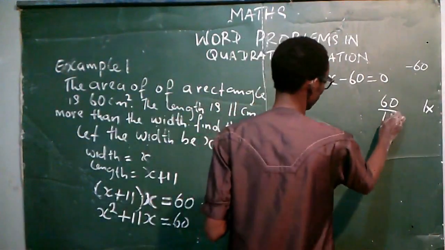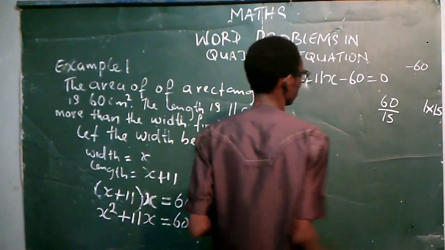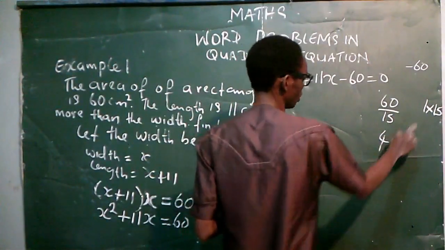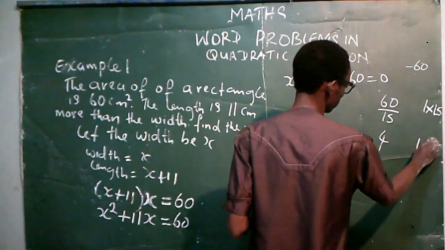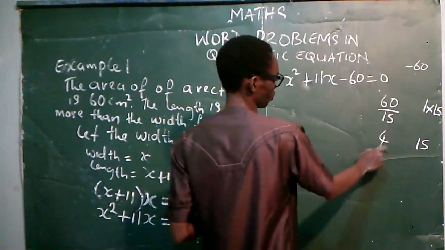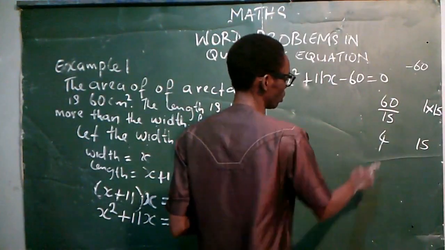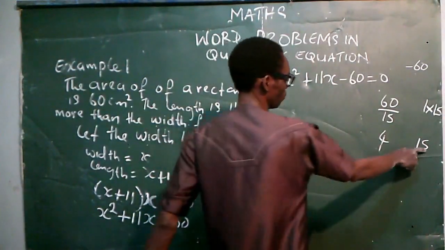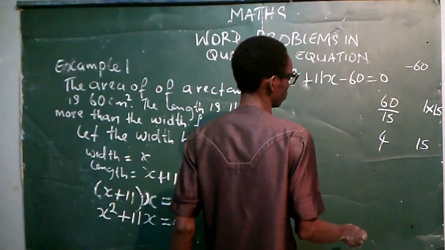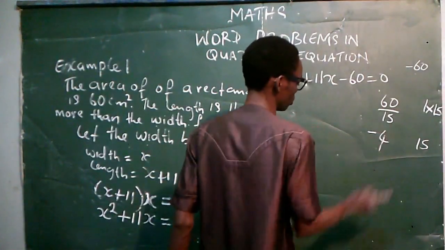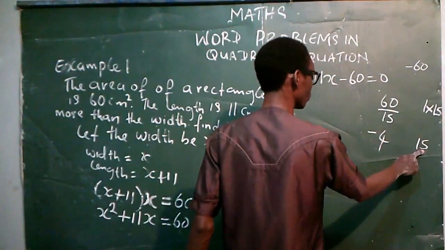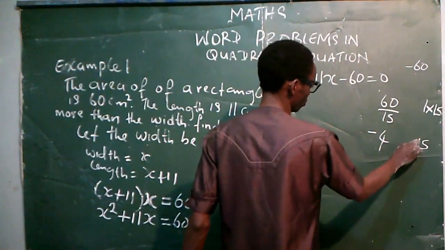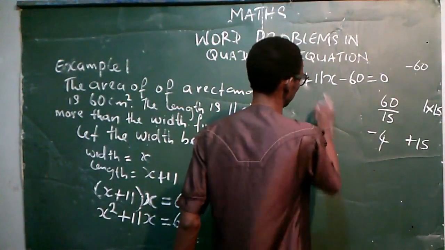Let me use 15. 60 divided by 15 is 4. 4 times 15 will give me 60. 15 minus 4 will give me 11. Yes, so I'll put the minus sign here so that minus 4 times 15 will give me minus 60, and 15 minus 4 will give me 11.